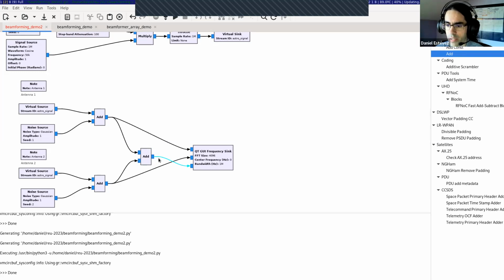And by multiplied by 2, I mean multiplied by 2 in amplitude. These are complex numbers, so if I add 2 copies of the same number together, I just increase the amplitude by 2. And something we need to remember is that the power is the square of the amplitude.